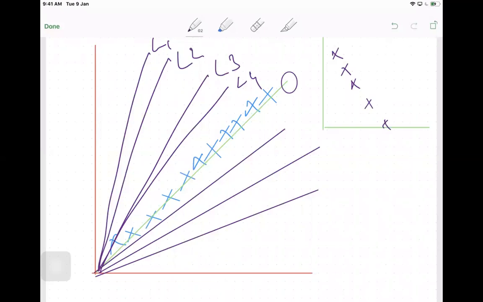Now, again for this line L5, L6 and L7, slowly the error rate increases. So if you carefully observe, if I draw a line here now, this will be like this curve. It's an inverted bell curve.